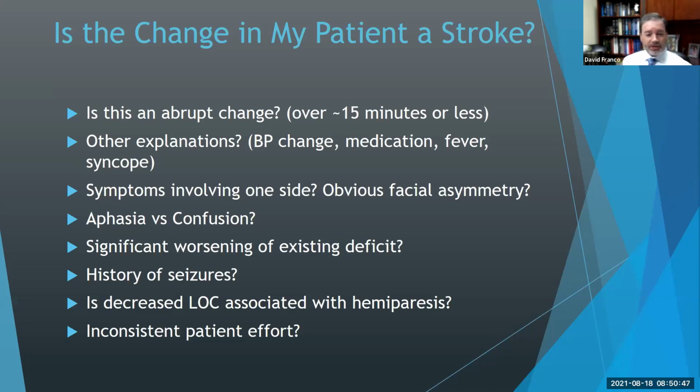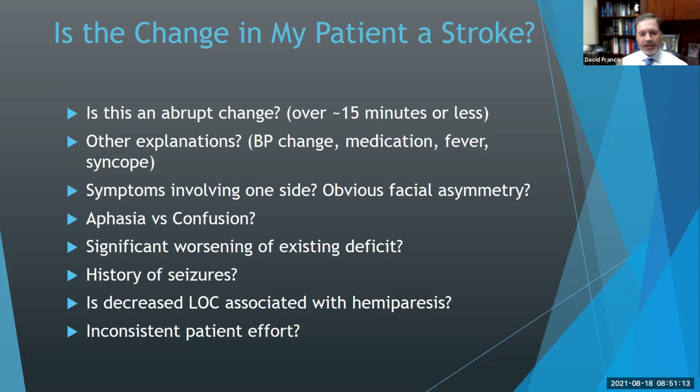Obviously, it can happen fairly suddenly, but it's still going to take several seconds or a minute or two. And then sometimes it really evolves over 10 or 15 minutes. Certainly, strokes can fluctuate. So the eventual presentation or the most severe presentation of a stroke can take hours potentially. But anything that happens fairly quickly is at least something we have to consider as a possibility.